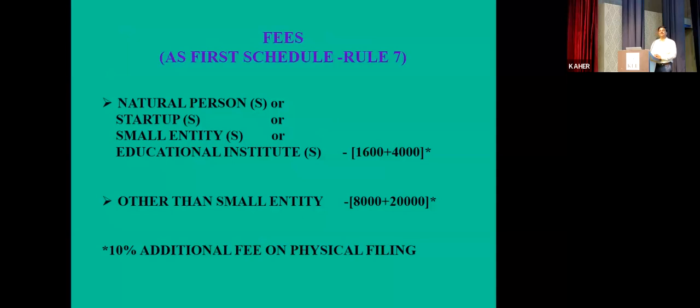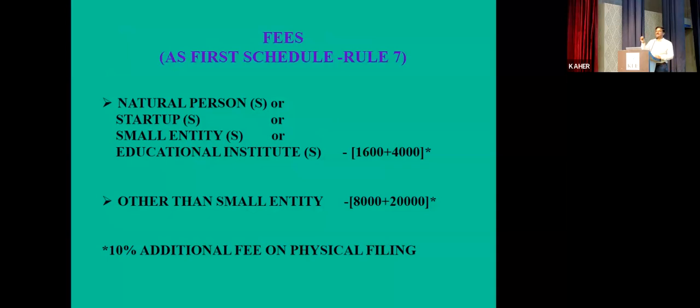So how much fee is required? The fee to be paid to the patent office is 1600, which covers Form 1, Form 2, Form 3, and Form number 18 is 4000. Whether you file 1% or 10%, it is the same fee. There is no difference in the fee.